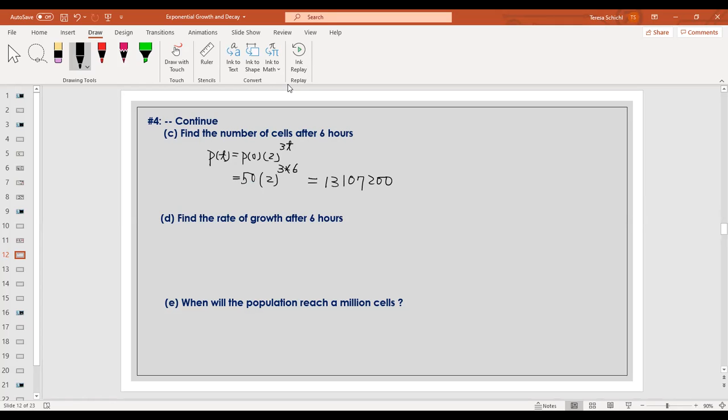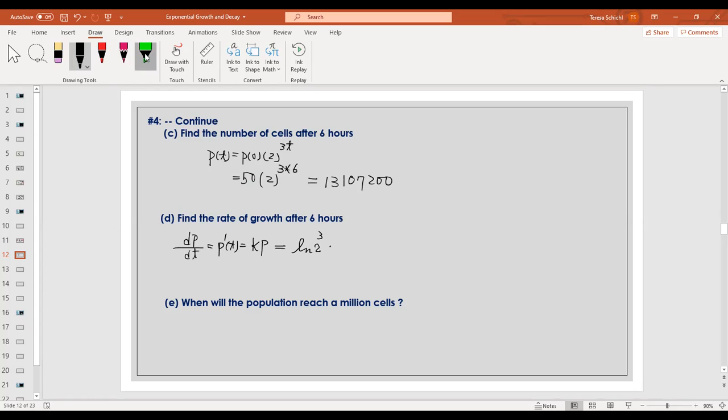Okay, so now part D. We did this type of problem in our first video a lot. Find the rate of change after 6 hours. So that's what I'm looking for, dP/dt, right? This is P'(t), and this is defined as k times P. What is k? We just found k in part A, so it's 2 to the 3rd power natural log.